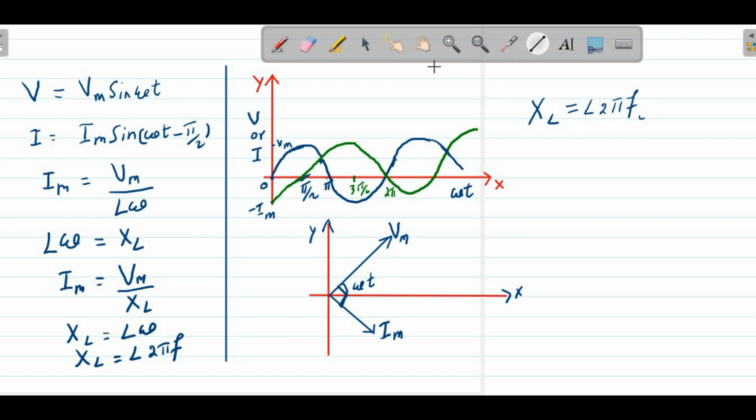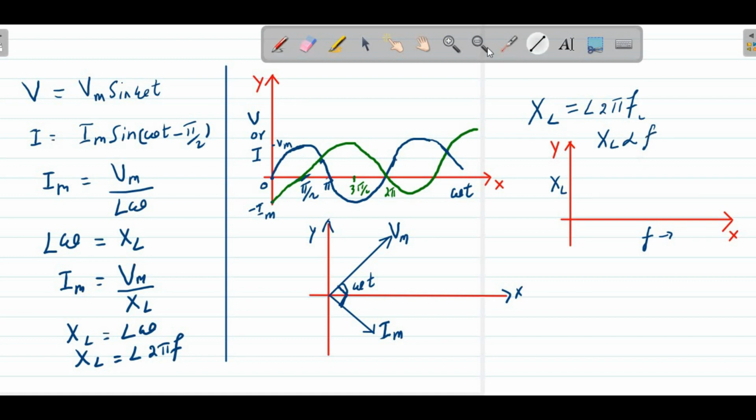So when we draw a graph by taking frequency on the x-axis and inductive reactance XL on the y-axis, since from this equation L is constant and 2 pi is constant, we can write that XL is directly proportional to the frequency of AC.